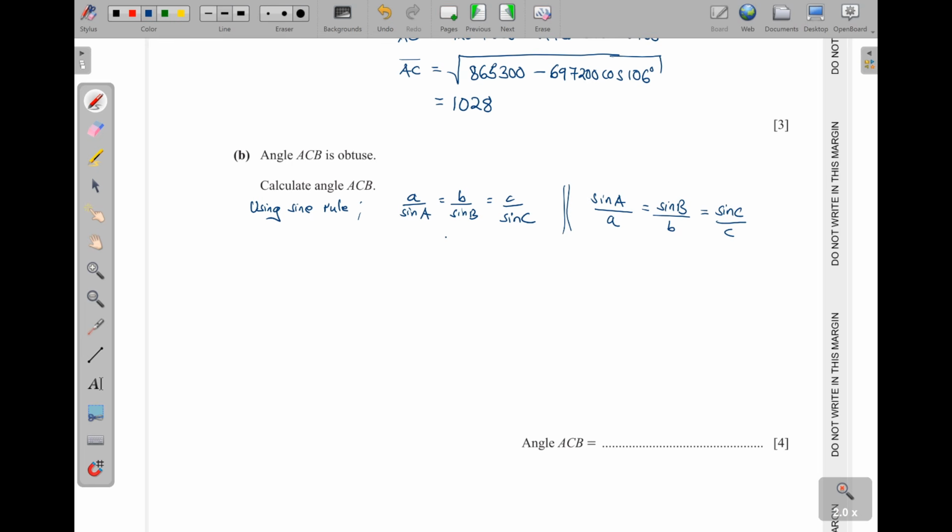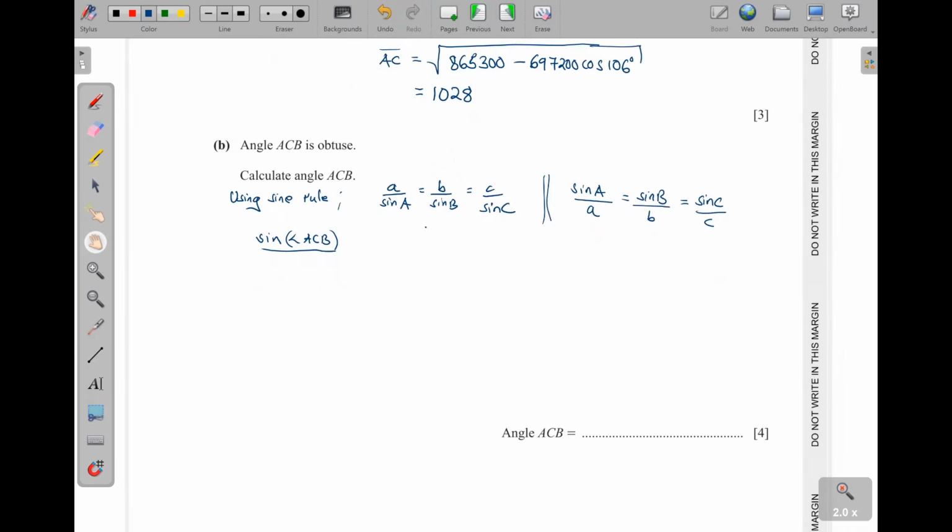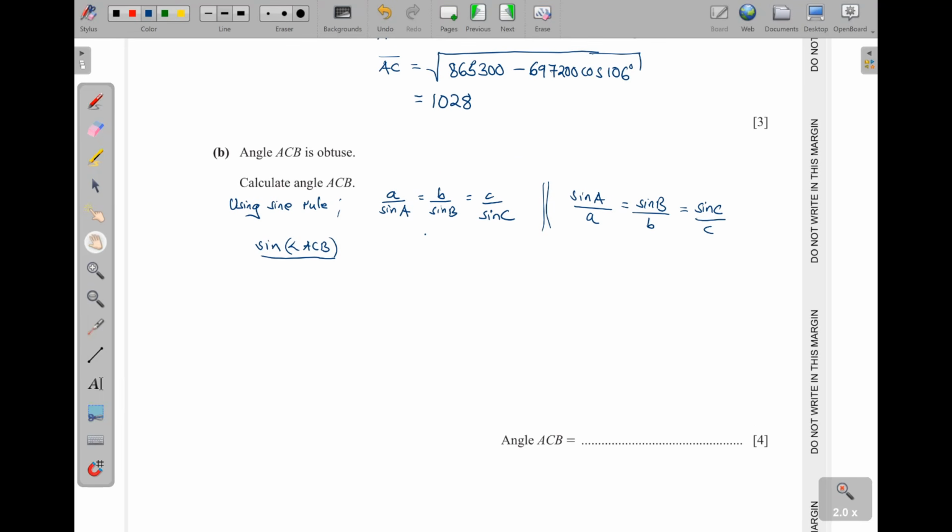So I'm going to have sine of that angle ACB which I'm looking for, divided by the side opposite to it, that is 150, equal to sine of the other angle, which I know, is it 62? I think it is 62.